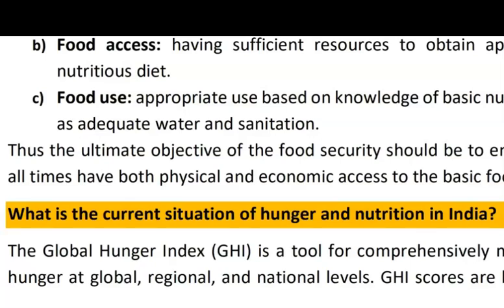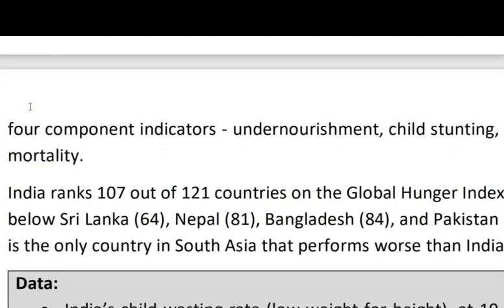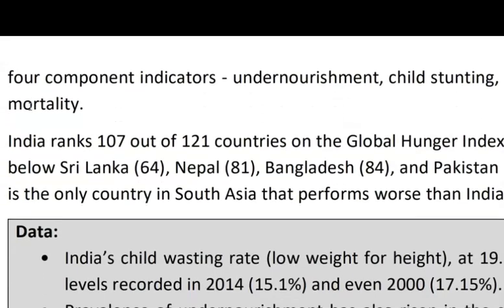This index has four parameters or indicators, on the basis of which it recognizes which country is doing well or not. Those indicators are undernourishment, child stunting, child wasting, and child mortality. Child wasting means children who do not have an appropriate weight for their height.